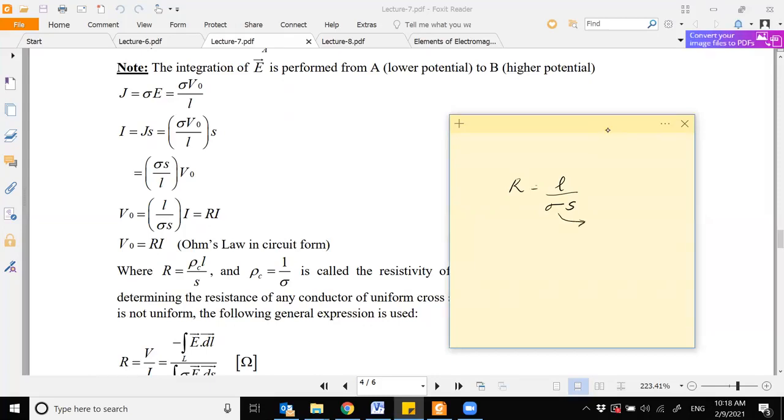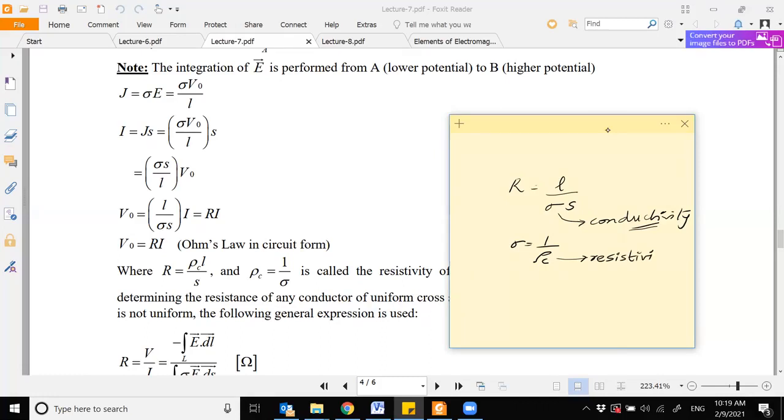Sigma is the conductivity of the material. That means this is a property which allows you to know how good your conductor is able to conduct current. And we know very well that conductivity is 1 over rho C. Rho C is the term used in our book, and this represents resistivity.